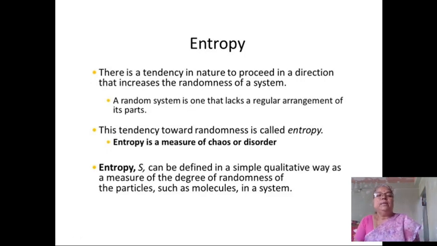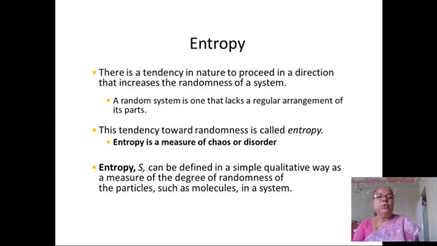Entropy is a tendency in nature to proceed in a direction that increases the randomness of a system. A random system is one that lacks a regular arrangement of its parts. This tendency towards randomness is called entropy. Entropy is a measure of chaos or disorder of the system.